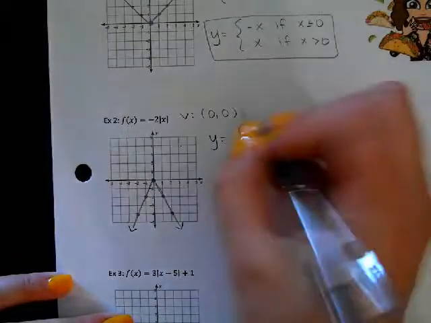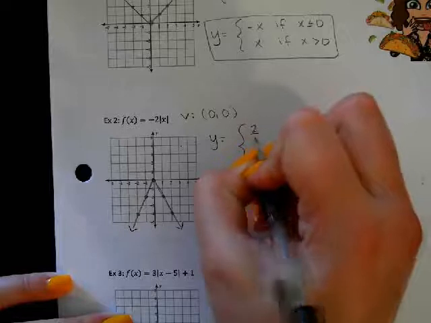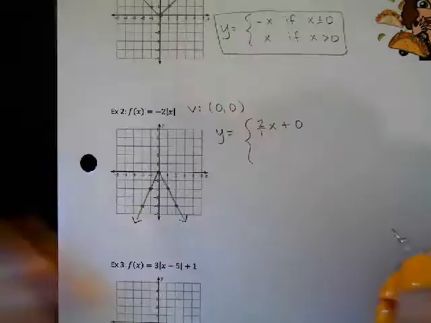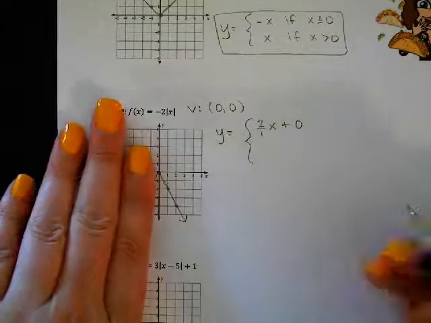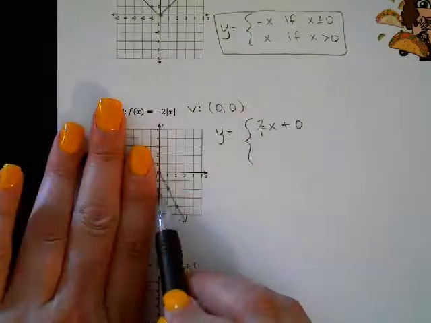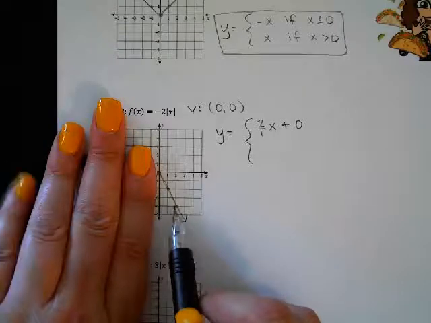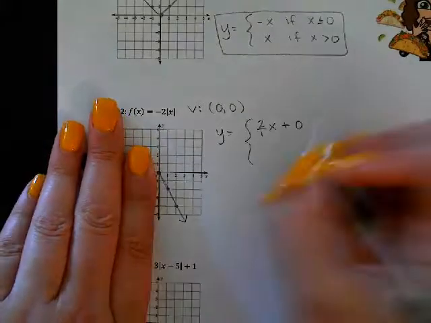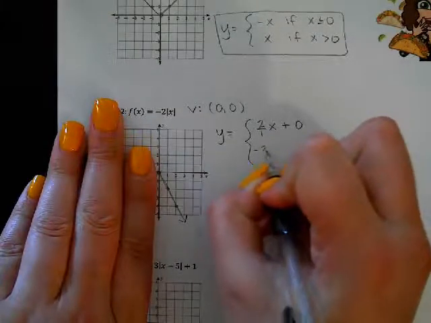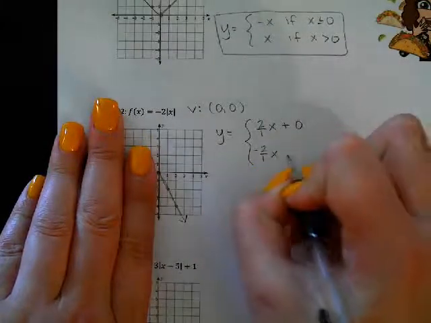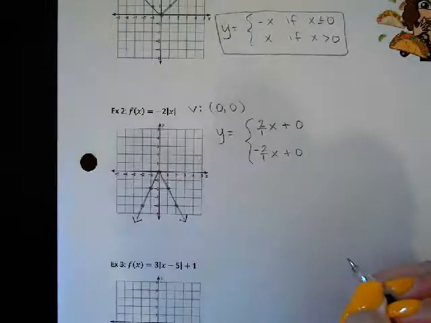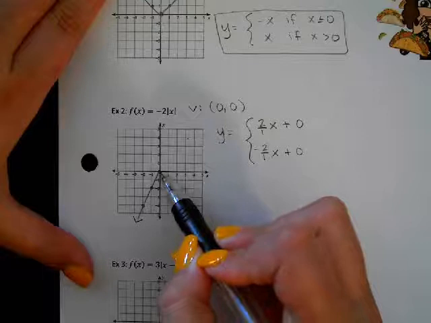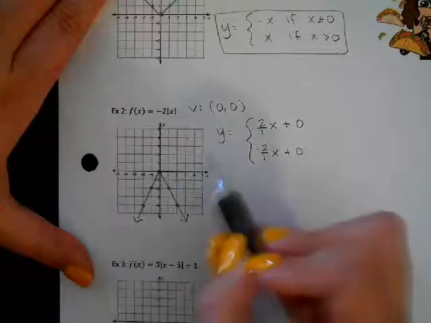So I've got 2 over 1x plus 0. For the right side, it goes down 2 over 1, down 2 over 1, but we have that y-intercept of 0. Okay, and we're still saying if x is to the left of 0, if x is to the right of 0.